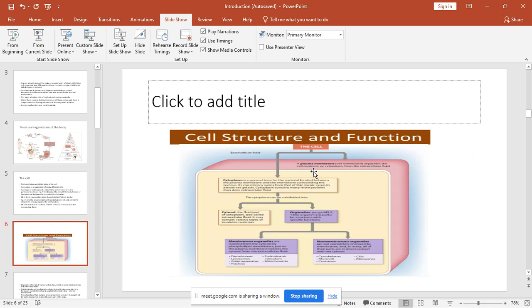And we know that the inside of the cell is basically called the cytoplasm. The cytoplasm is made up of the liquid part, which is called the cytosol, and organelles, which are basically the solid components of the cell. Among these organelles, we've got those covered by membrane, also referred to as membranous organelles, and those not covered by membranes, known as non-membranous organelles.